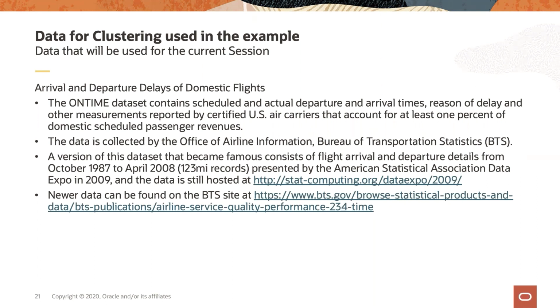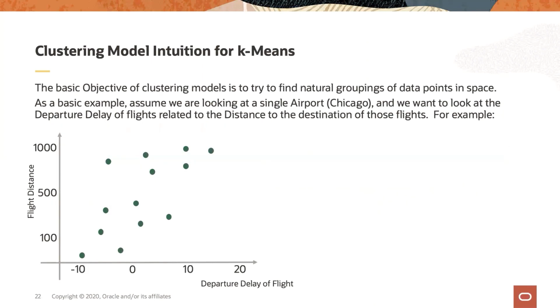In this case now, we're going to do something smaller. We're going to look at only the Chicago airport departures in that 10,000 sample that I had. And we're only going to look at two columns: flight distance and departure delay.